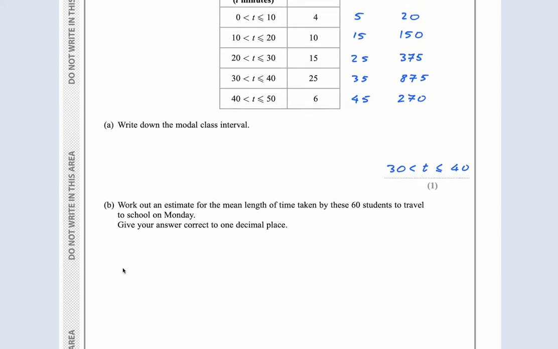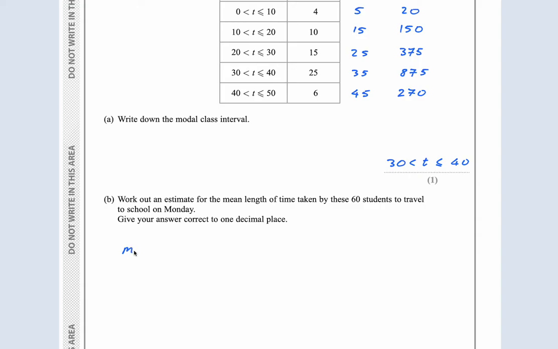So we say the mean is approximately equal to, not equal to, so I'll put that sign, although you won't lose a mark if you put equal, is approximately equal to 20 plus 150, I'm going to add all these, plus 375 plus 875 plus 270, all over the total number of students, which is 60. So I divide by 60.